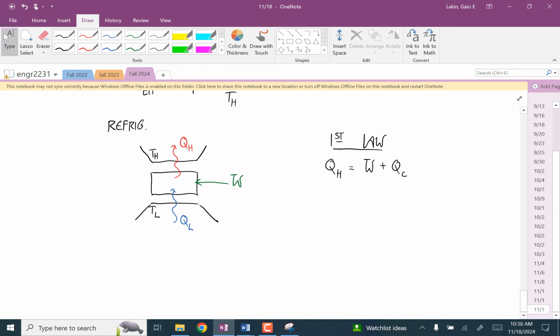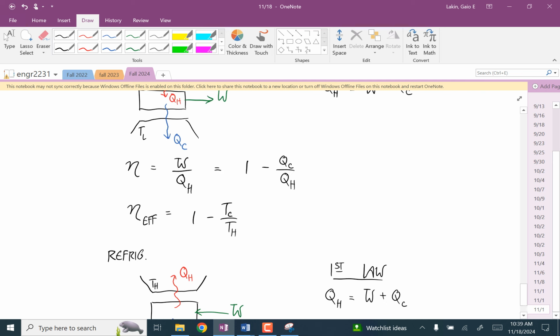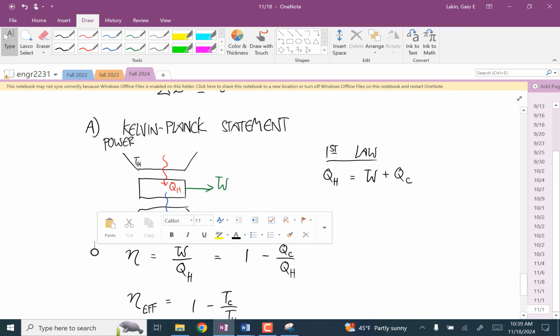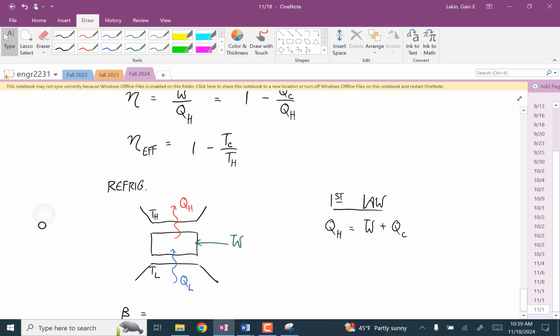The performance of a refrigeration cycle, we call it the Greek letter beta. And again, you can make sense out of how you define this. I have to make these match. Let's call this QC instead of QL.